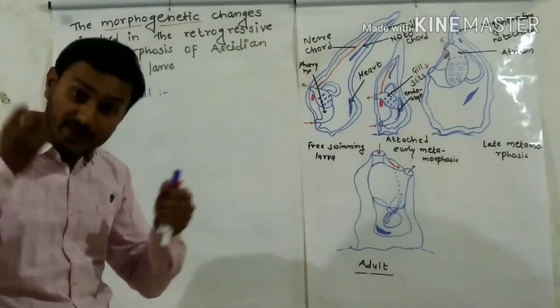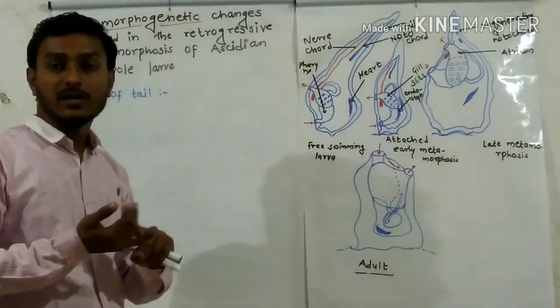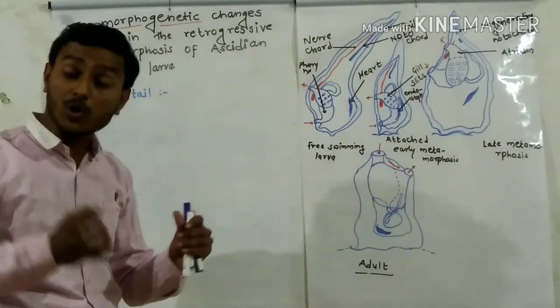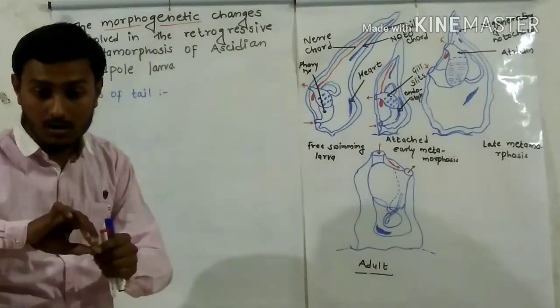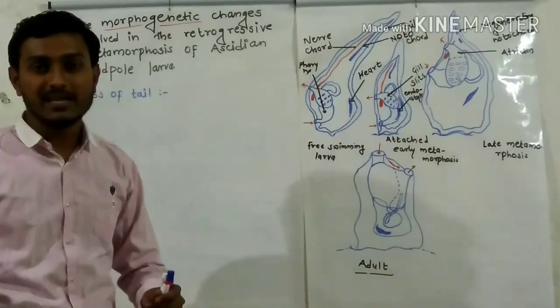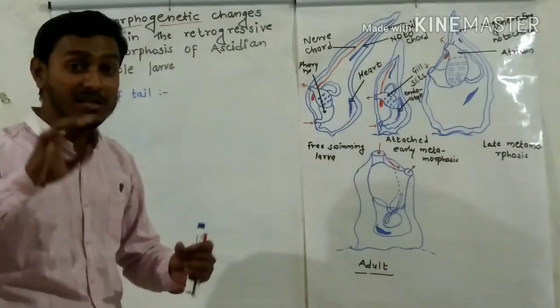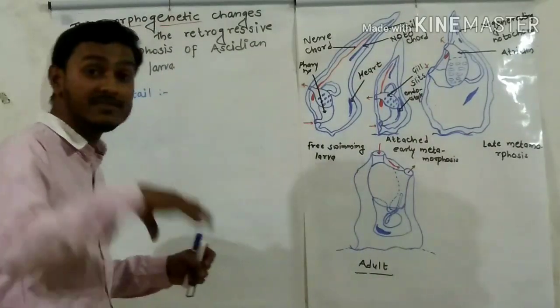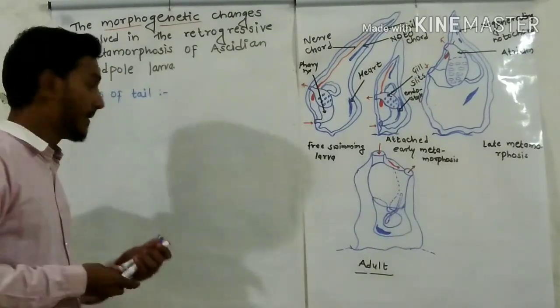Autolyzed means self-absorbed. The notochord, nerve cord, caudal fin, tail and tail muscles are autolyzed. Means the tail is not shed like the phenomenon that occurs in lizards or some organisms. The tail is autolyzed, means this tail is self-absorbed by this organism, this ascidian tadpole adult.